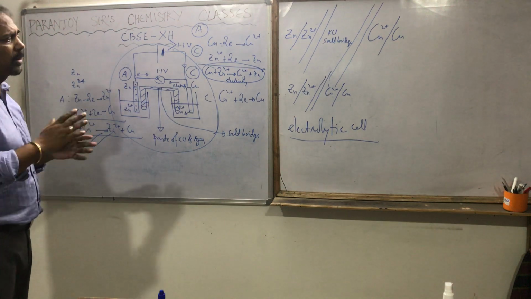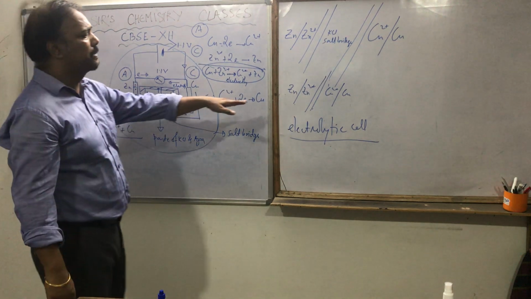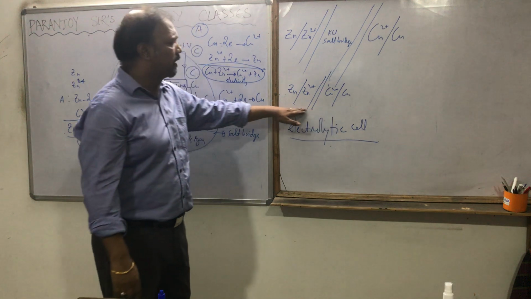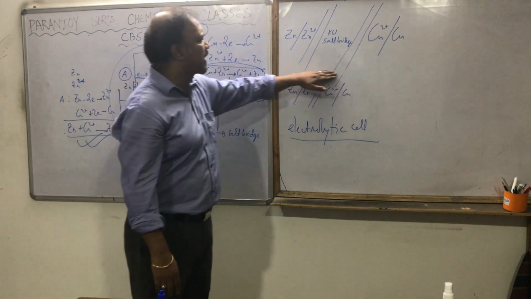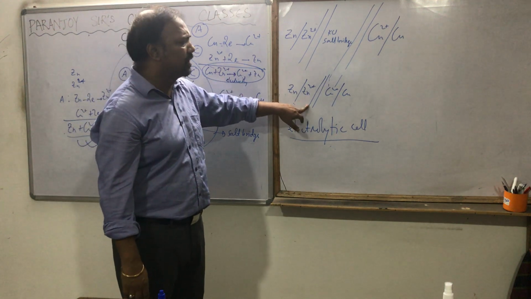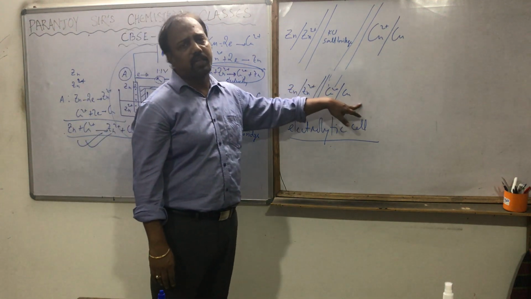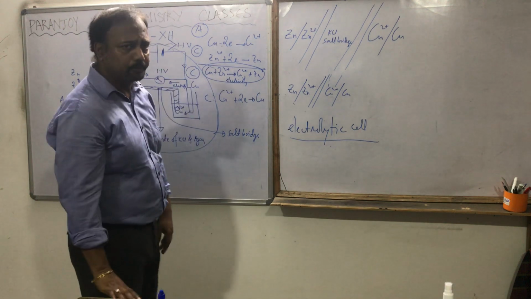We have seen that. But all these things we can tell in a simpler manner. How do we represent the cell? We represent the cell by writing the reaction at the anode first, then a double slash, then the reaction at the cathode. Simple.